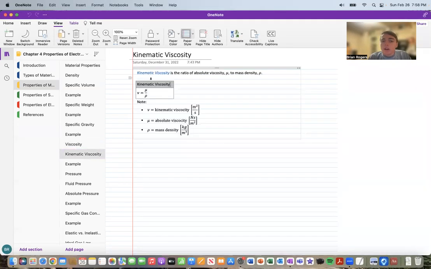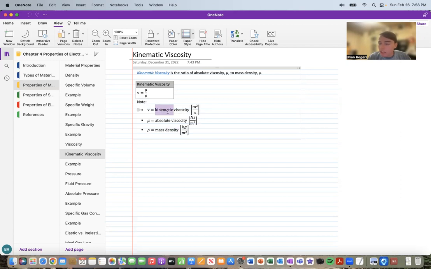Okay, now kinematic viscosity is the ratio of absolute viscosity to mass density. We're going to look at an example of this. Absolute viscosity divided by mass density: within our units, the viscosity refers to the flow of that liquid, and our absolute viscosity divided by our density, so how dense it is, is going to determine our kinematic viscosity.